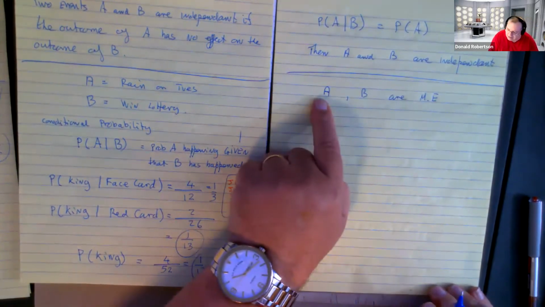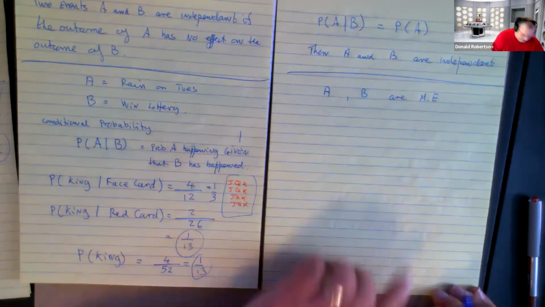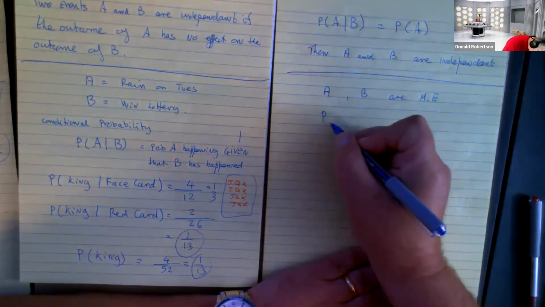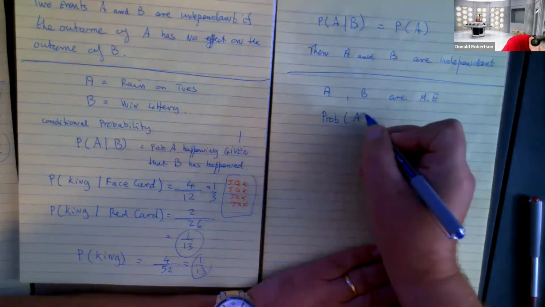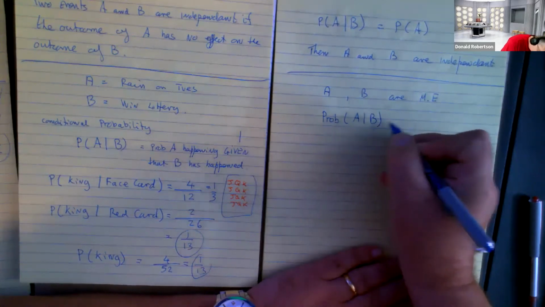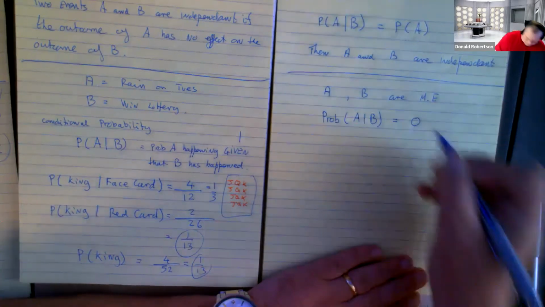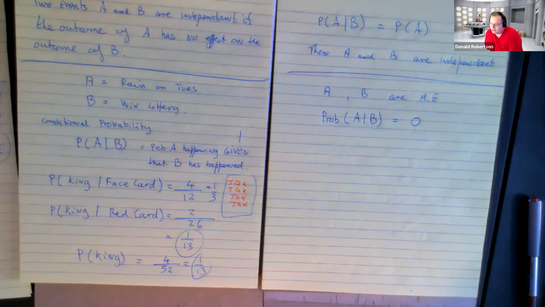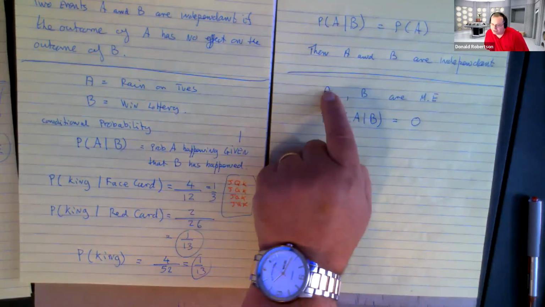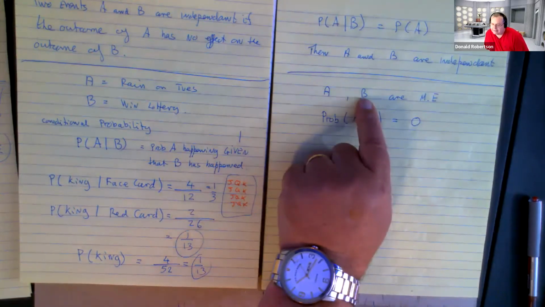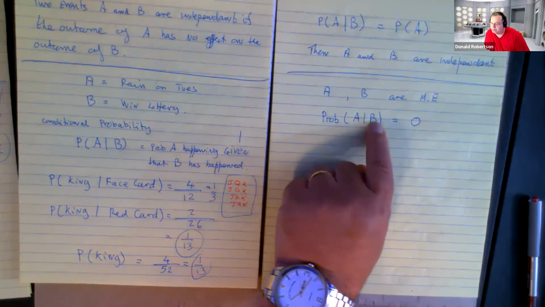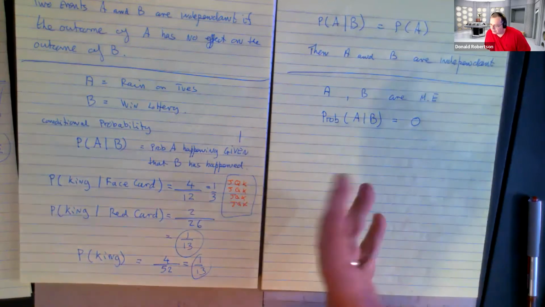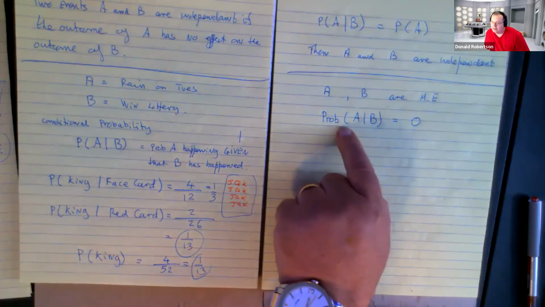So if you're A, you can't be B. If you're B, you can't be A. If I asked you to find the probability of A given B, the answer is going to always be 0. Would that make sense? Suppose A was red cards and B was black. What's the probability you get a red card given that it was a black one? Ain't going to happen, right? If you're mutually exclusive, this is 0.